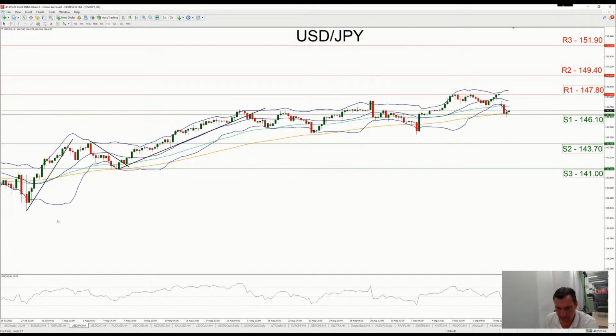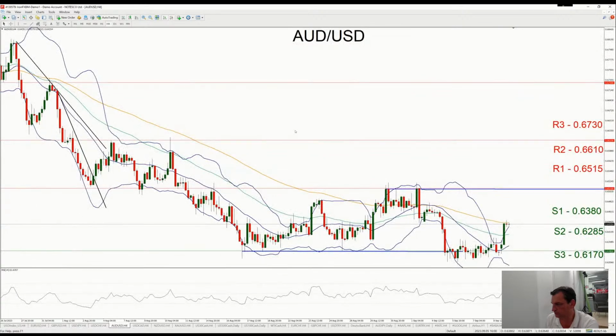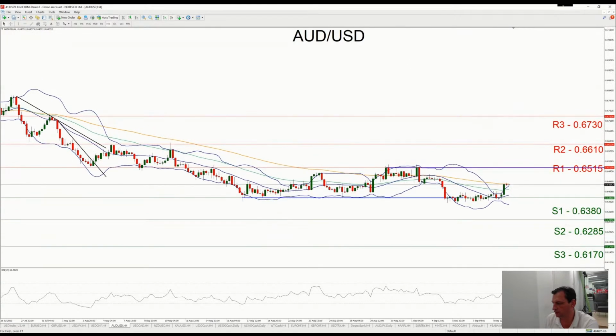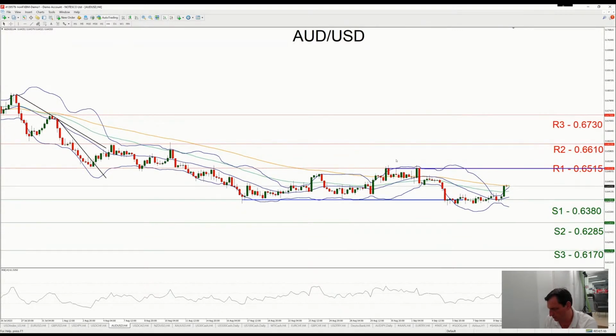Okay, let's have a look at AUD/USD. It's the 4-hour chart. Let's readjust it. Let's reposition the labels.